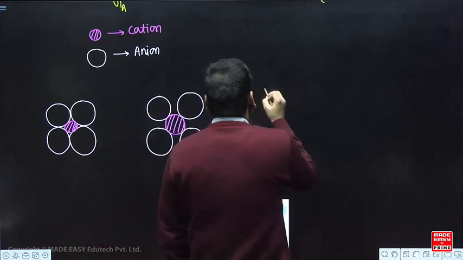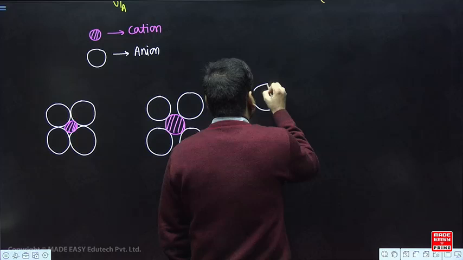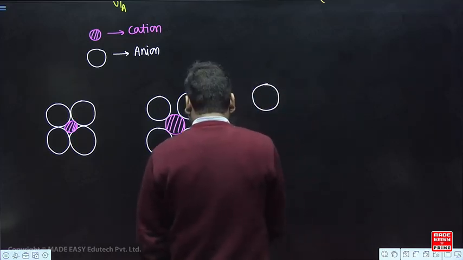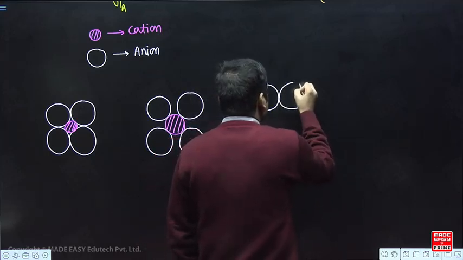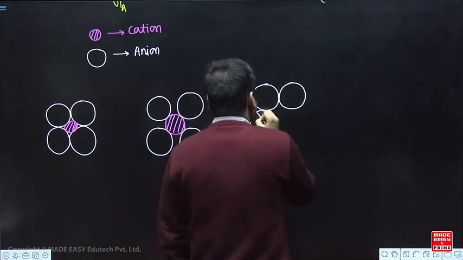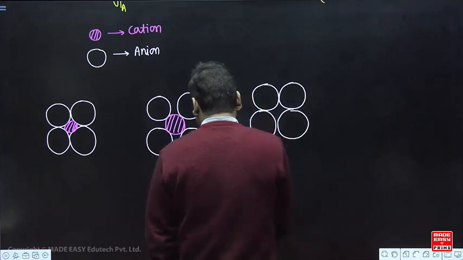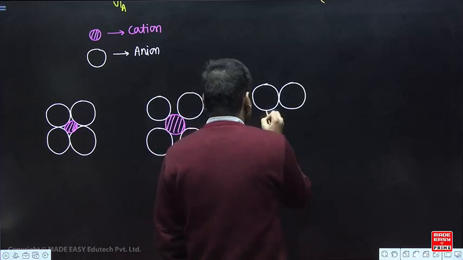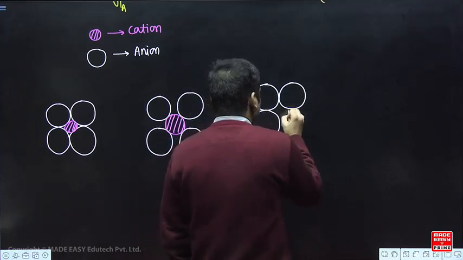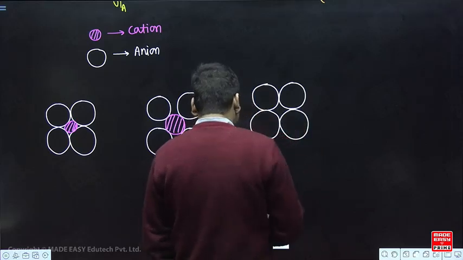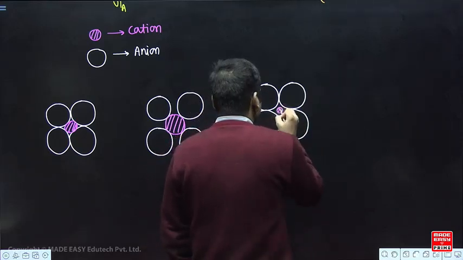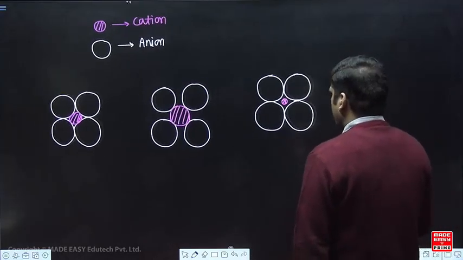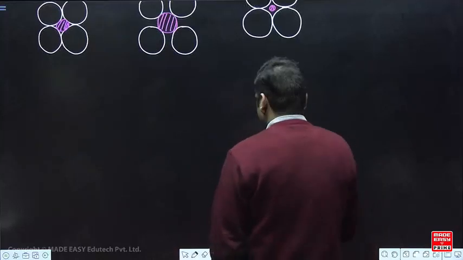Then again anions and a cation. One more diagram I would like to draw.